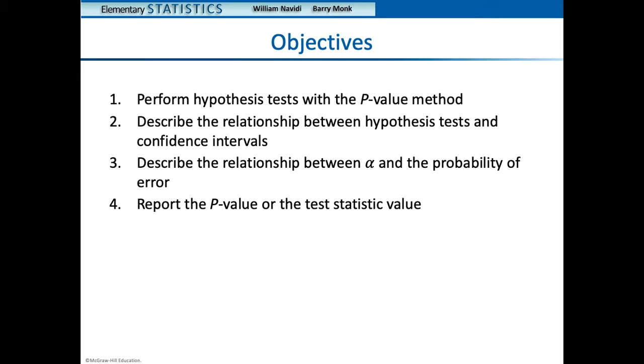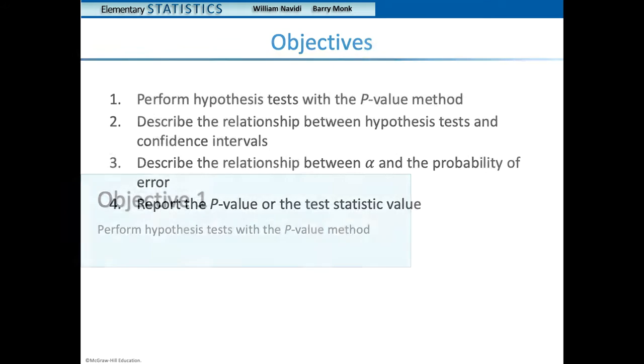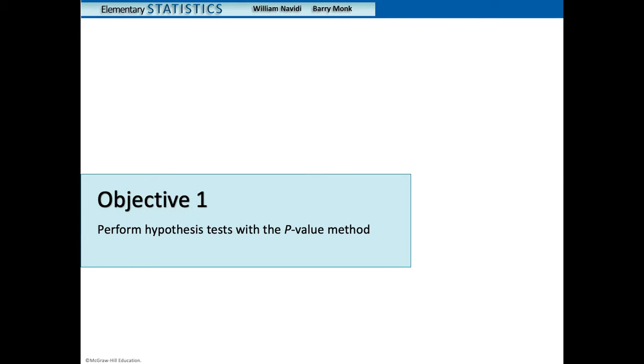And we'll talk a little bit about the relationship between hypothesis testing and confidence intervals. And we'll go back and talk a bit about errors, and then wrap up. So let's dive in and go over the specifics of the p-value method for conducting a hypothesis test.